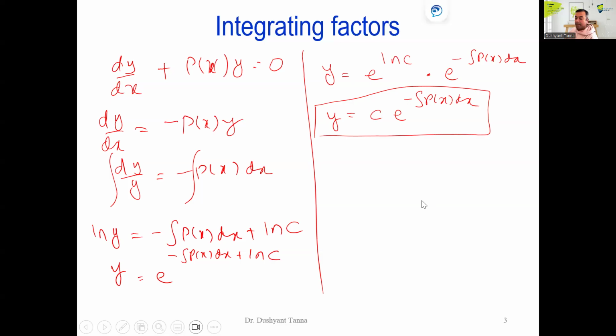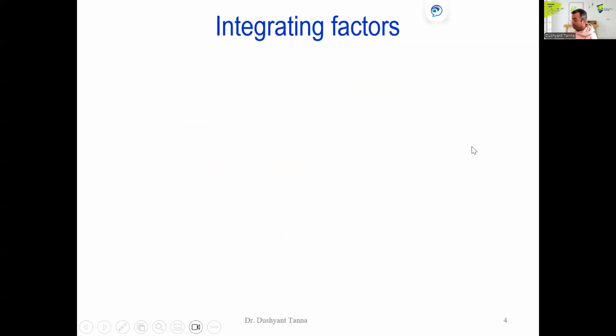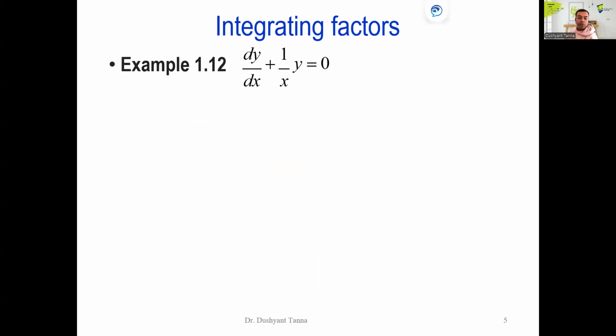Okay, right. Having a look at that, this is a solution where c is a constant. Let's dwell into some examples. dy by dx plus 1 on x, y is equal to 0.